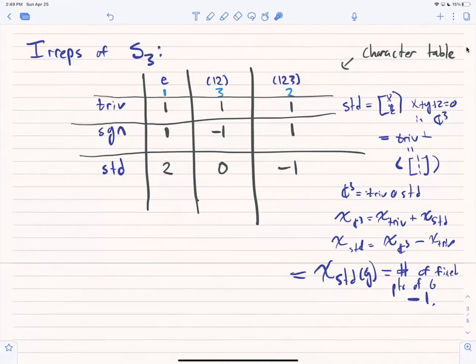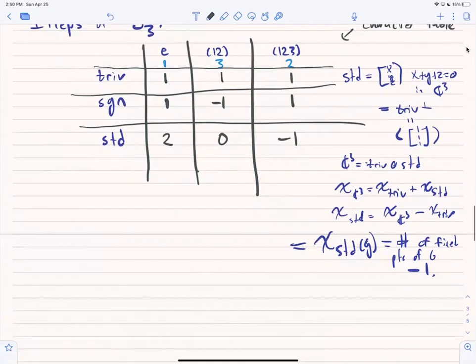That means if you add up the absolute value squared in each row, you should get the order of G, except you have to multiply each one by the number of elements in the conjugacy class, because here we're only writing down one column for each conjugacy class.